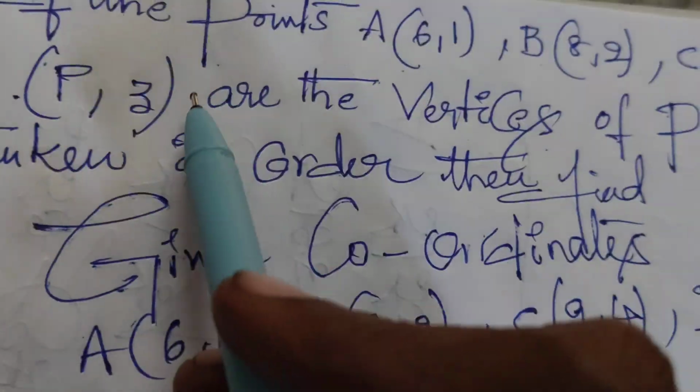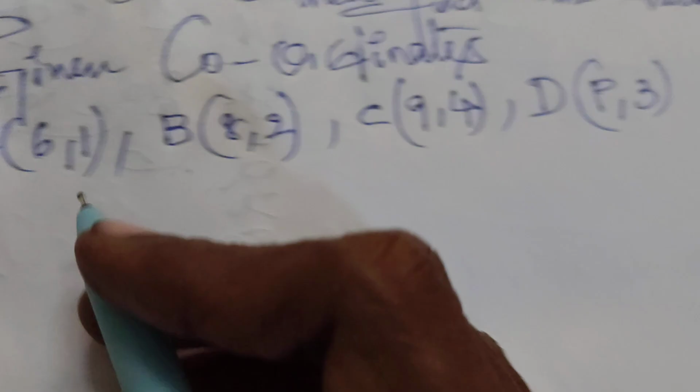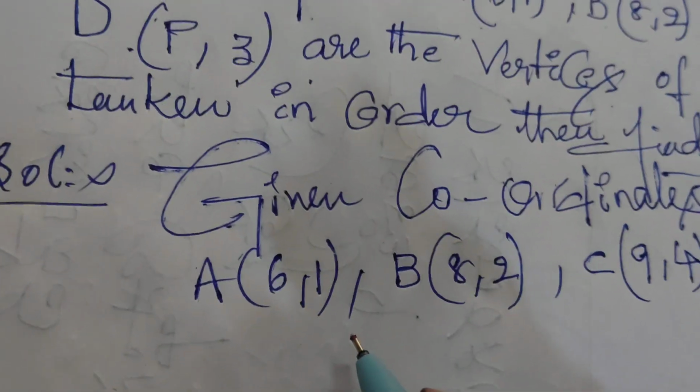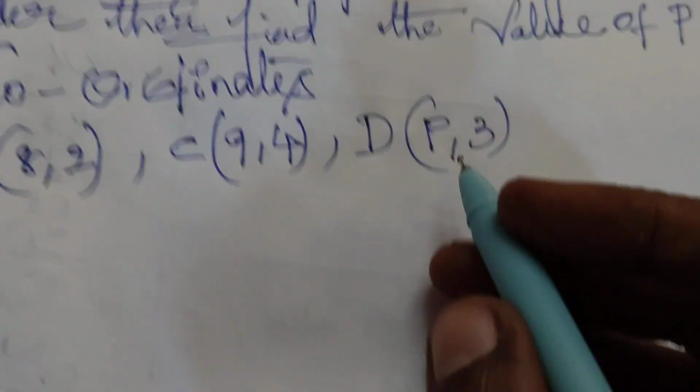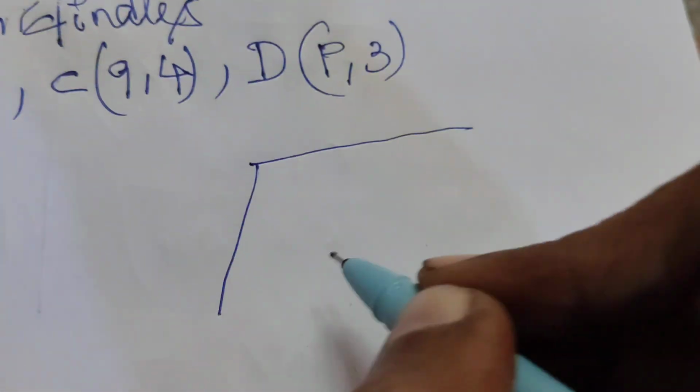Given that these four coordinates are vertices of a parallelogram, let us draw the parallelogram.